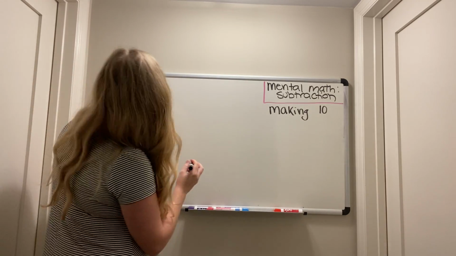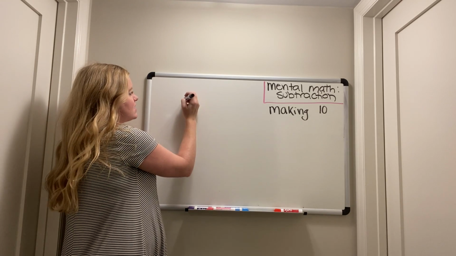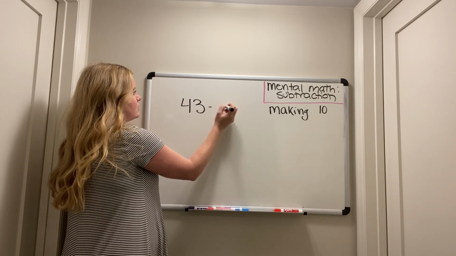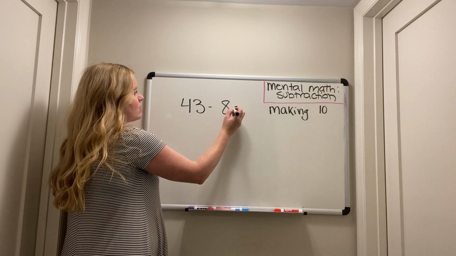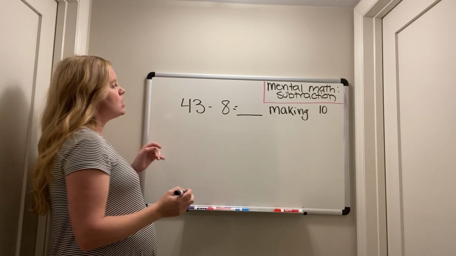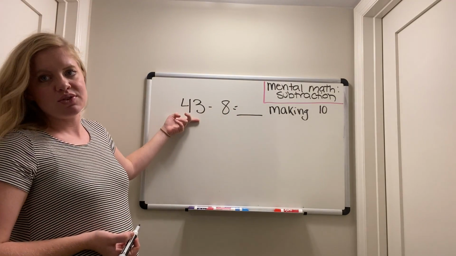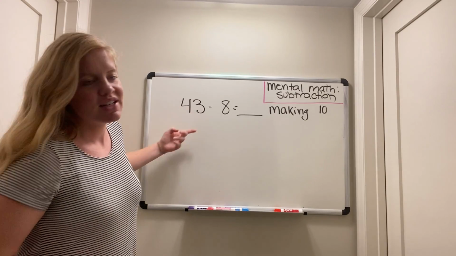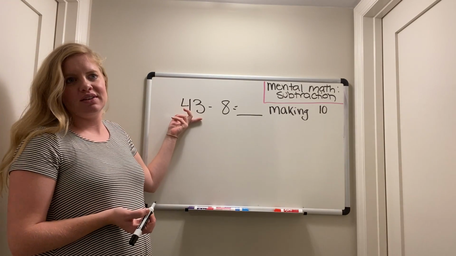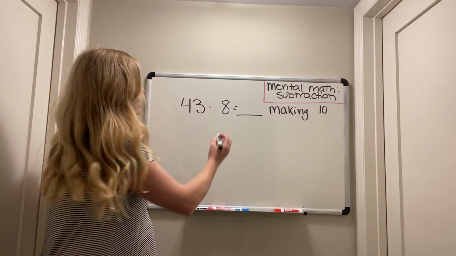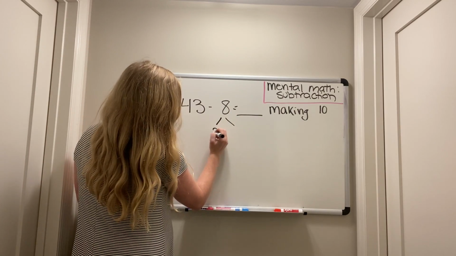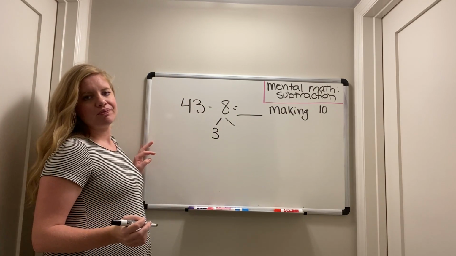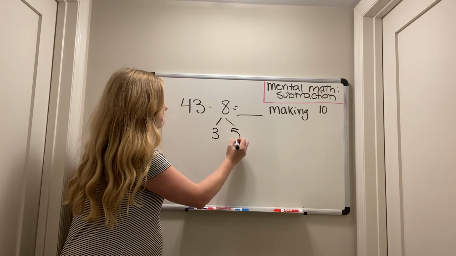Okay. So now, let's see. Okay, 43 minus 8 equals what? We want to get this 43 down to 40, right? So what do we need to take away? 3, that's right. So we need to break this 8 into a 3 and a 5. Very good.